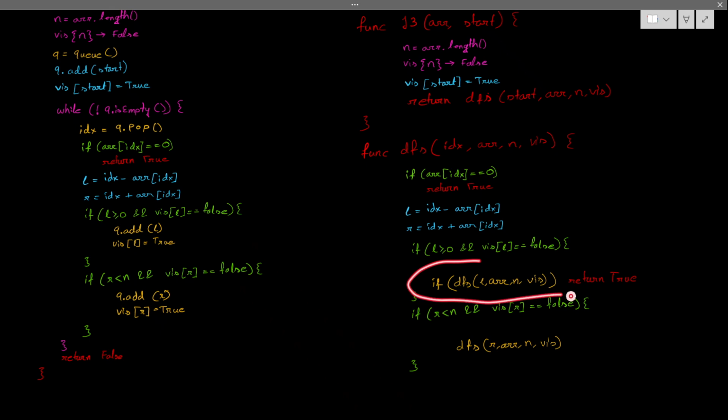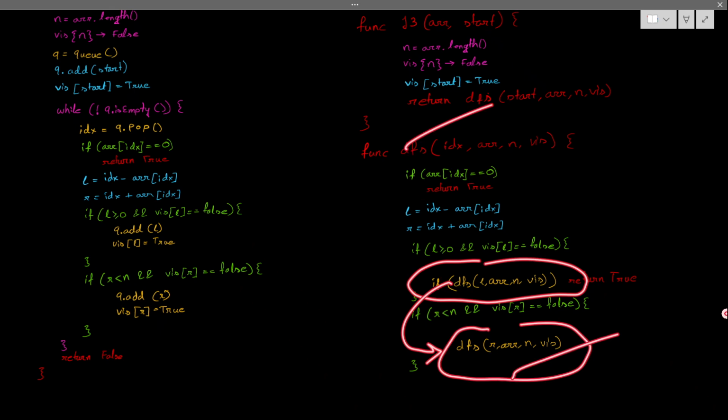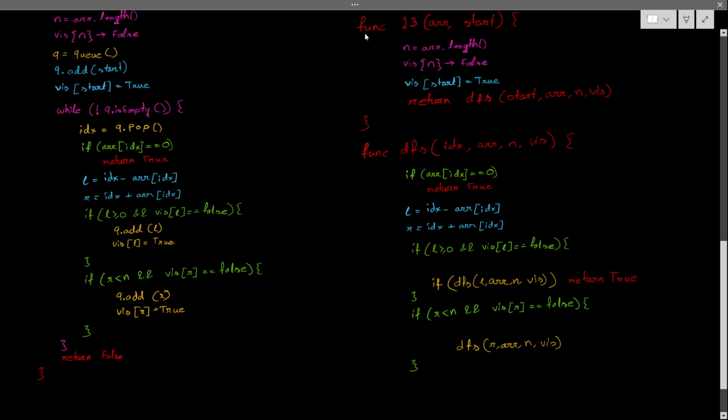But what if it returns false? Then I have to check this one. If it is true, this function returns true. If this gets false, this function returns false. So I can return this directly.